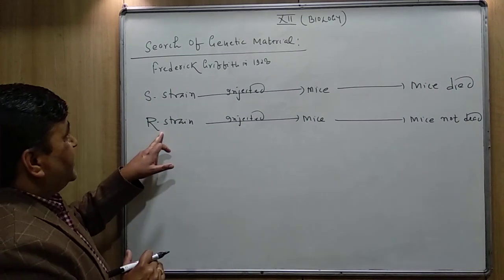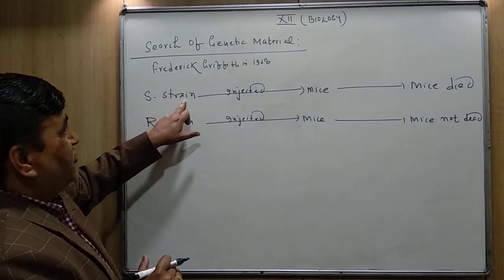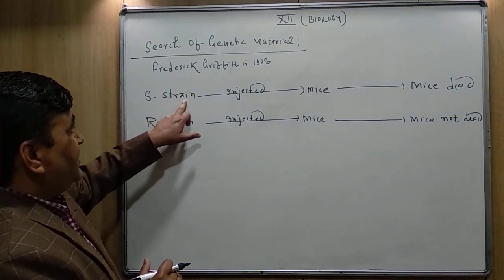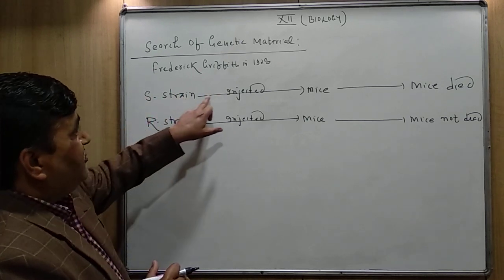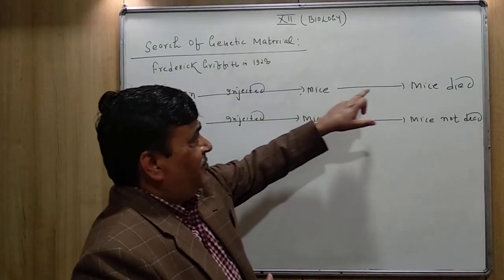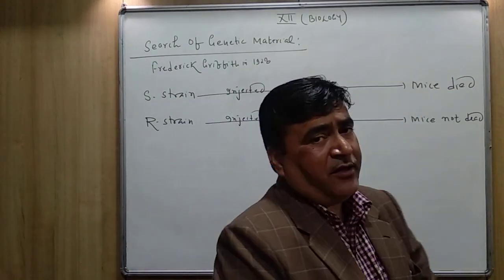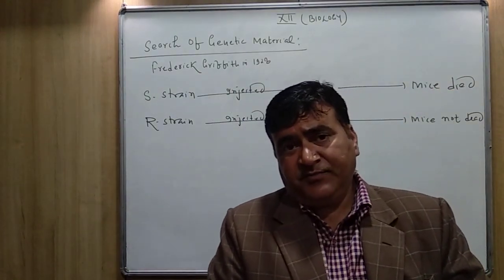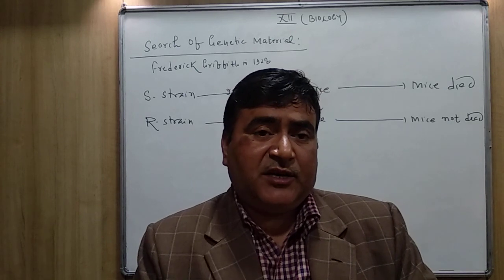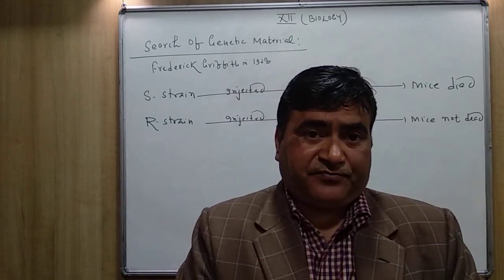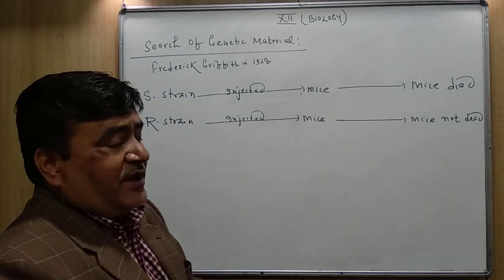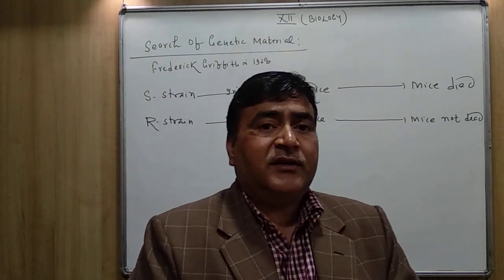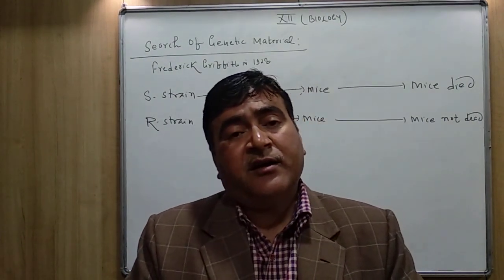Here the two strains are there. S strain of the Streptococcus. When he injected S strain into the mice, mice died. Why did the mice die? Because of the pneumonia disease. As you know, the S strain is the virulent strain. It is the smooth strain.